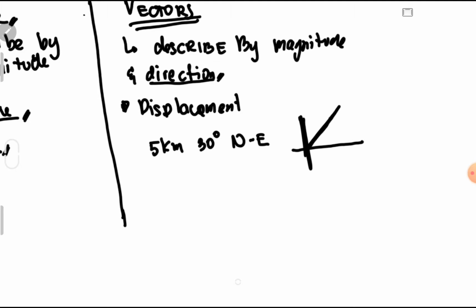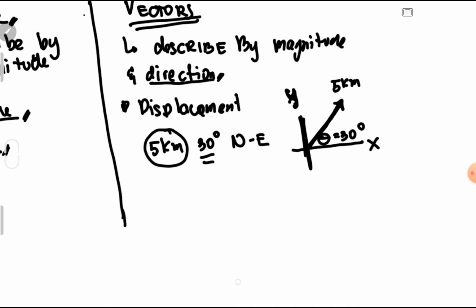This is the direction of my arrow. Take note that this arrow indicates the magnitude of your displacement, which is 5 kilometers. And this 30 degrees theta indicates its displacement from north toward east, equal to 30 degrees. So this is the displacement in your xy plane.